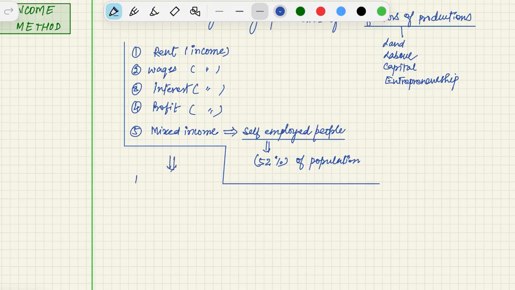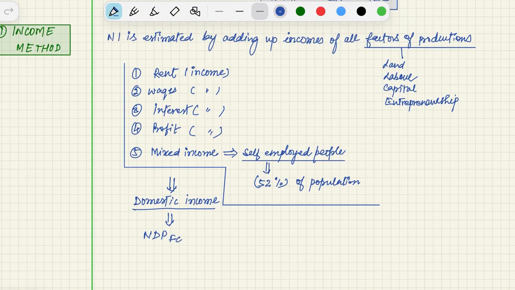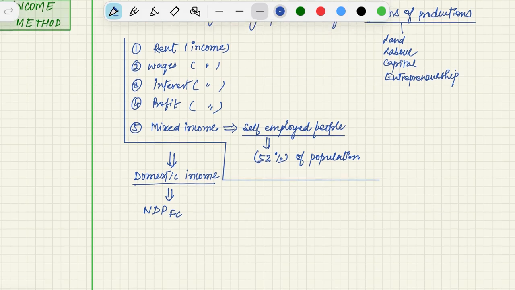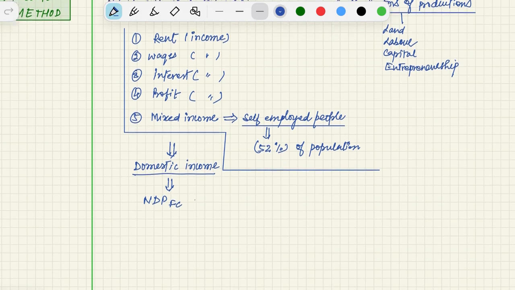This is called the domestic income. And what is domestic income? It is NDP at factor cost, because we are calculating by adding up all the factors of production. So we get NDP at factor cost.